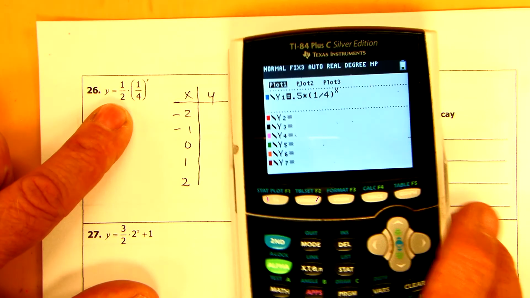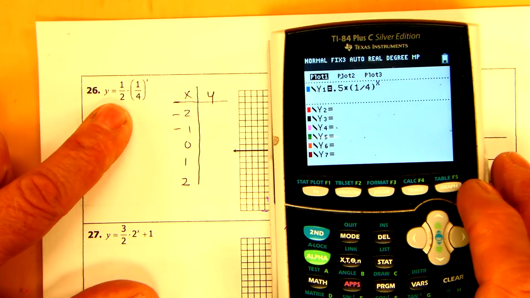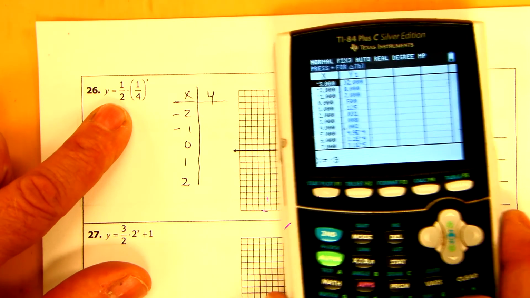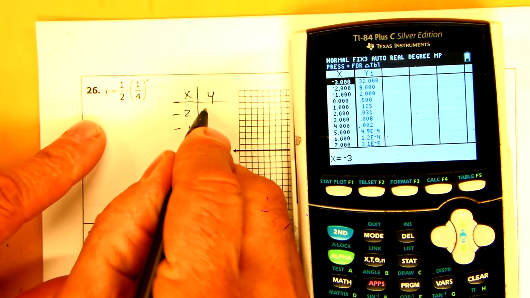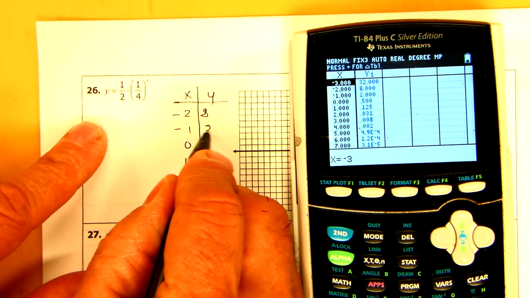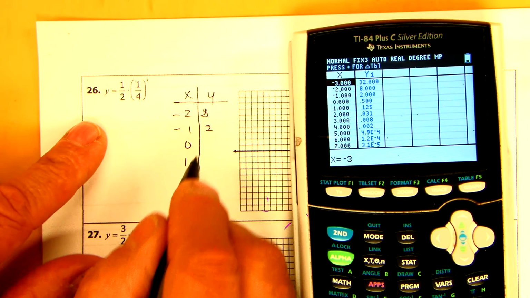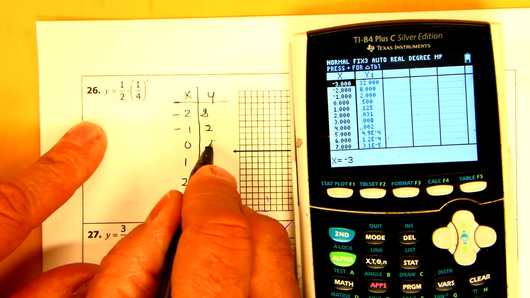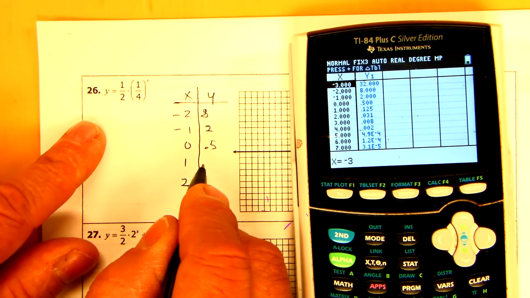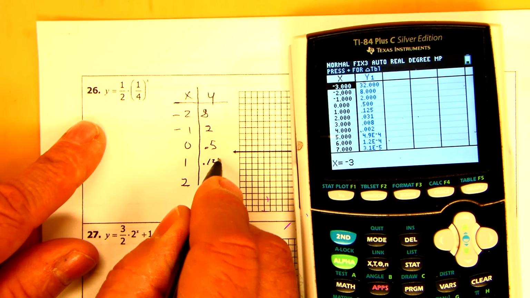So to fill out our table, let's go to second table. For negative 2, we have 8. For negative 1, we have 2. For 0, we have 0.5. For 1, we have 0.125.